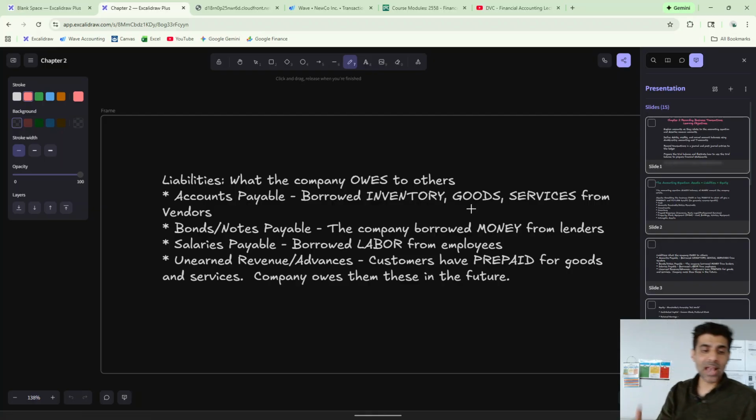These are just anything that you're going to have to pay out to some party in the future. The common ones are accounts payable, notes or bonds payable, salaries payable, unearned revenue, like the airline that takes money up front. These are all liabilities.